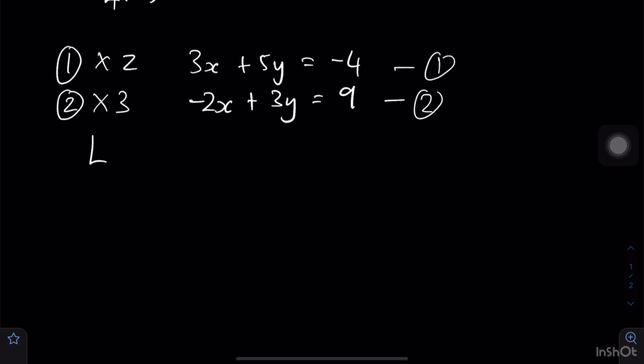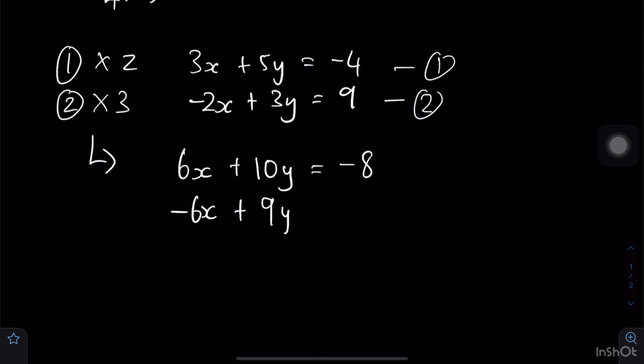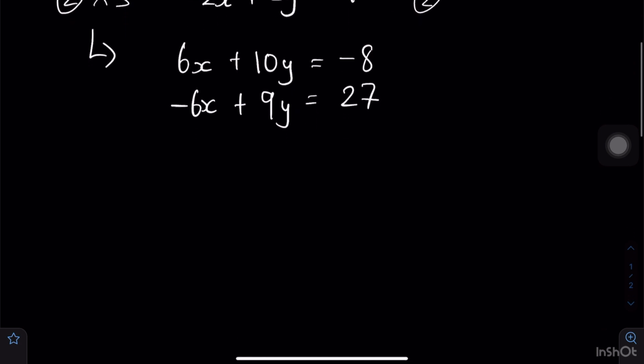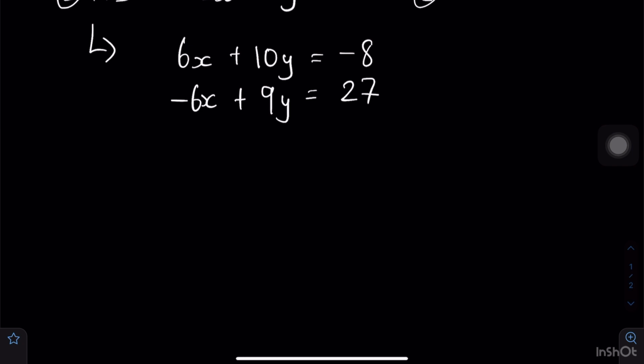So what do we get? We get 6x plus 10y is equal to minus 8. And then if you do the second equation, we get minus 6x plus 9y is equal to 27. Now we can see that we've equated the first variable, so we've equated x to each other, and we can add the two equations together.